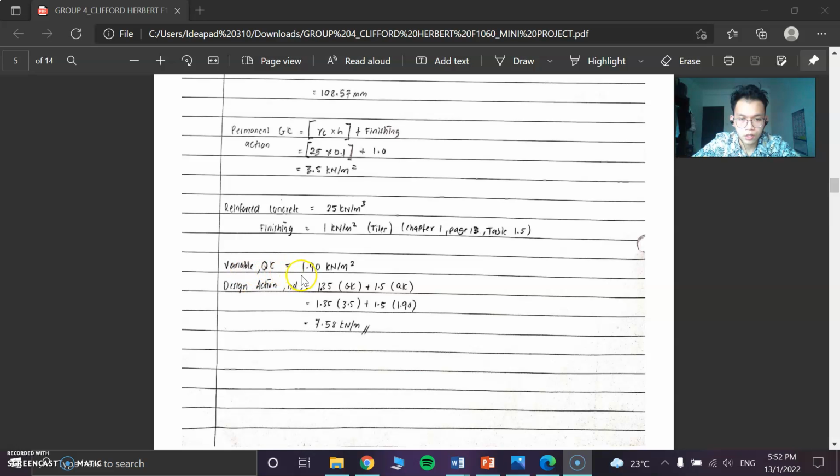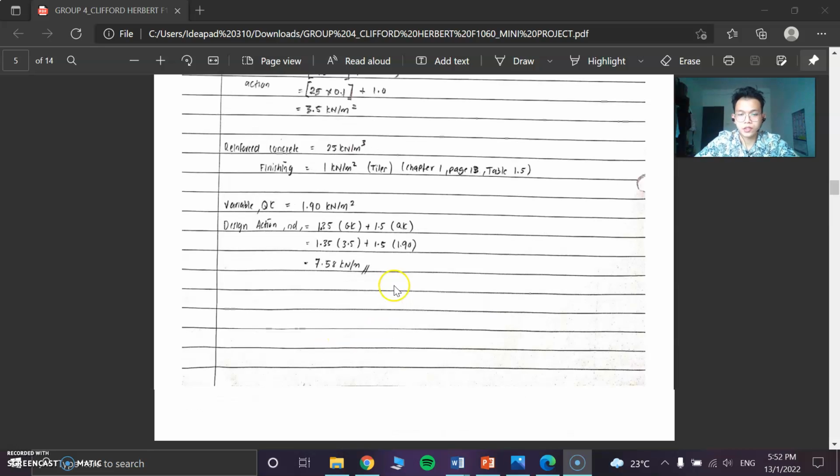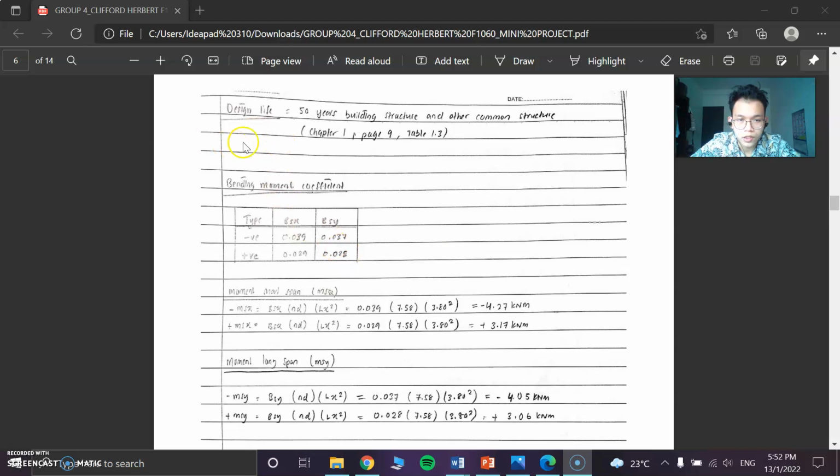Variable QK 1.90 kN per meter square, and for design action I have got 7.58 kilonewton meter. For design life, we use 50 years, building structure and other common structure, from chapter 1 page 9.